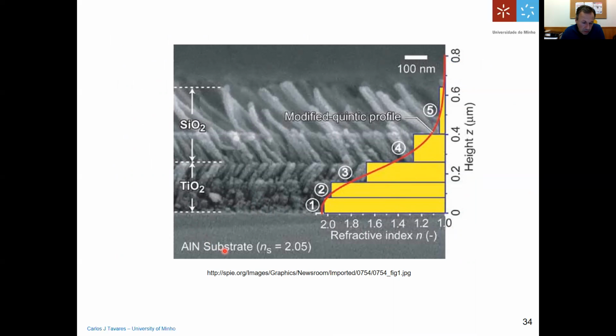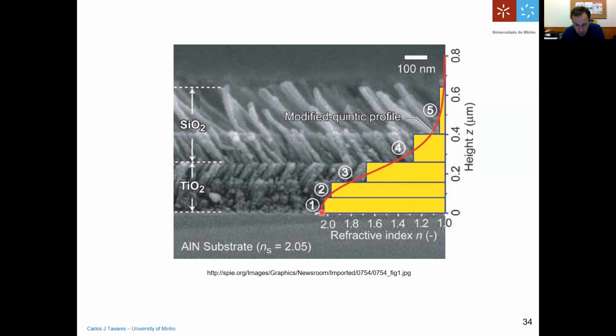And the aluminum nitride has a refractive index of 2.05. And the whole objective of this coating is to reduce the refractive index, okay? So you start off with a material which has a refractive index similar to that of aluminum nitride. And so the first layer that you produce here is titanium dioxide, okay?